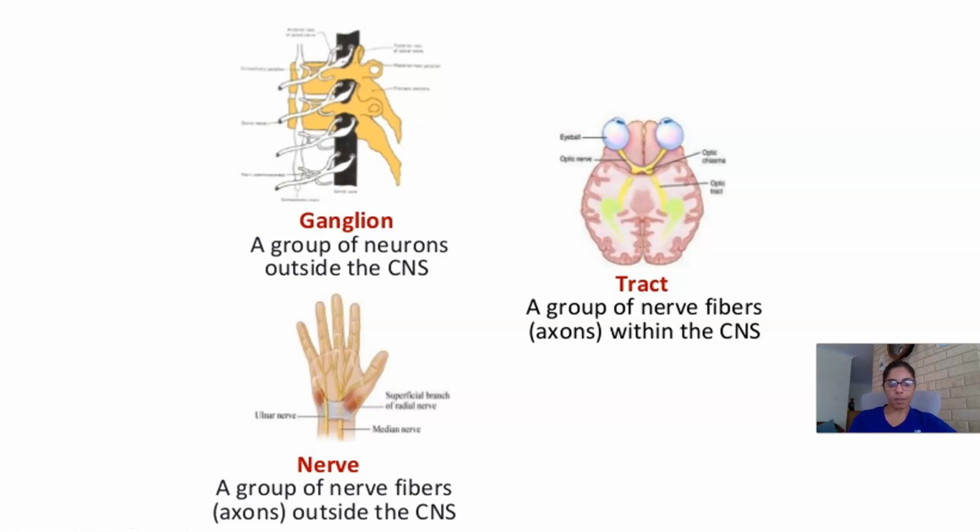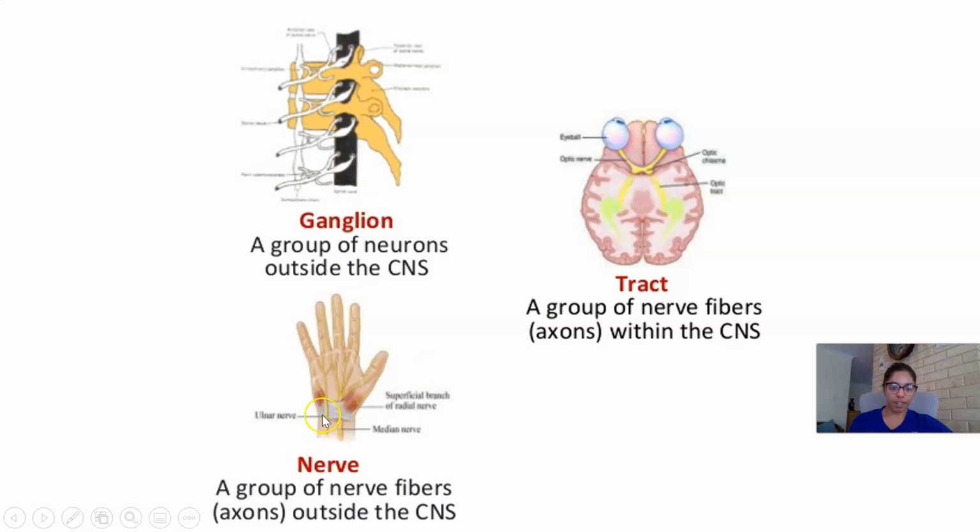Here's just an image to help you remember all the terminology that we've come up with so far. So a ganglion is a group of nerve cells outside of the central nervous system. So these swellings that you can see here, these are ganglia.